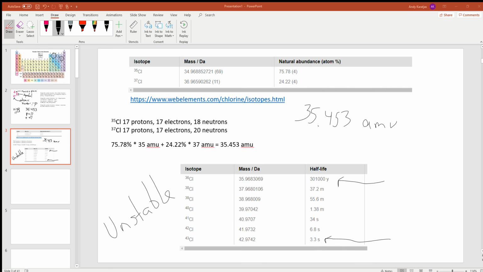And we find elements that have any range of very, very long half-lives up to extraordinarily short half-lives. And just to show you a couple of the extreme examples, let's bring these up.